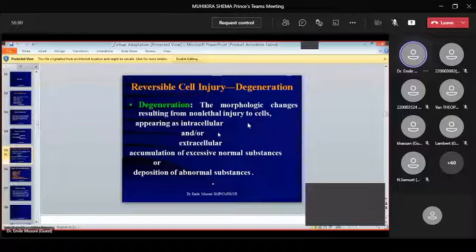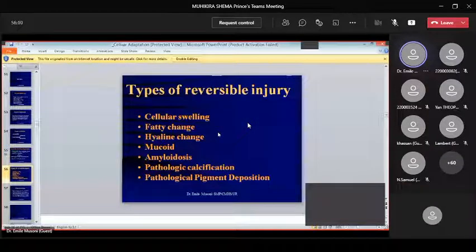Types of reversible injury include cellular swelling, fatty changes, hyaline changes, mucoid change, amyloidosis, calcification, and pathological pigmentation deposition in tissue.